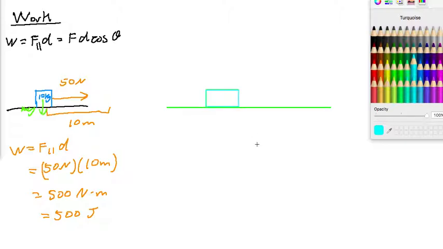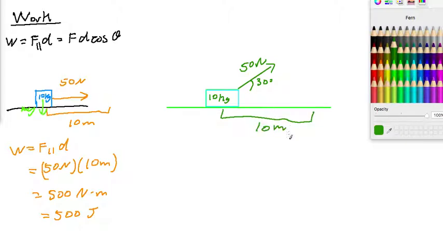Now there is a force pulling it at an angle with the surface of 30 degrees. The force is the same force that we used previously, 50 newtons. The box is the same, 10 kilograms, and again it moves a distance of 10 meters.